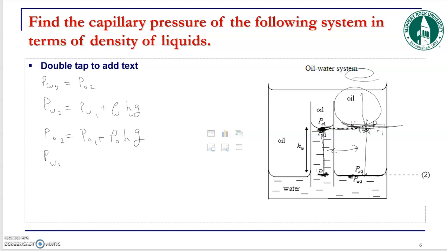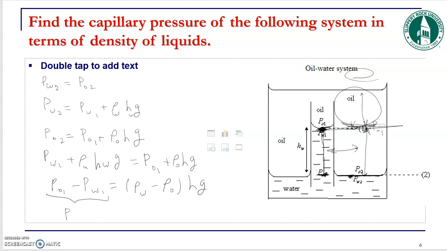So we say PW1 plus rho W H W G is equal to PO1 plus rho oil H G, and we can say that PO1 minus PW1 is equal to rho W minus rho oil multiplied by H G. This is the definition of capillary pressure, because in this case you can see that the water is the wetting phase, so oil is the non-wetting phase. This is the pressure of the non-wetting phase minus the pressure of the wetting phase.